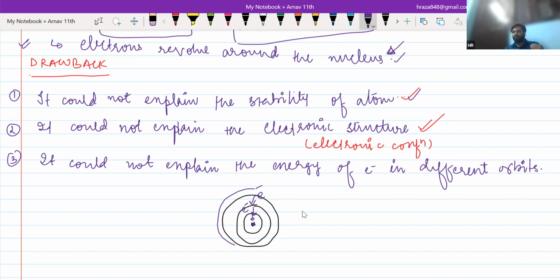Rutherford doesn't explain this. If the electron continuously moves, it loses energy, and a time will come when it falls into the nucleus, which is not possible. So this is also one of the drawbacks of Rutherford's model. Is that clear?